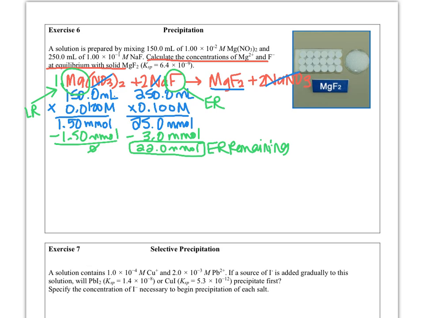So the other big thing we want to talk about is, is the reaction going to shift left or shift right? So we want to decide, are we going to create a precipitate or are we going to create more ions, right? So what I'm going to do is I'm going to go ahead and set up, find my initial concentrations, right, just like we did before, to determine if it's going to precipitate or not.